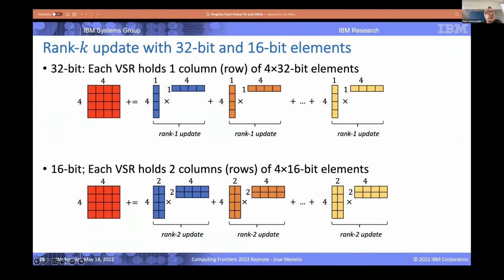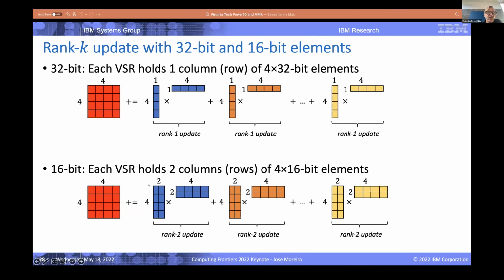So for example, if you do things with 16 bits, obviously your input registers, which are 128 bits wide, would only be half used. If I had 4 elements in there, that would be 64 bits.